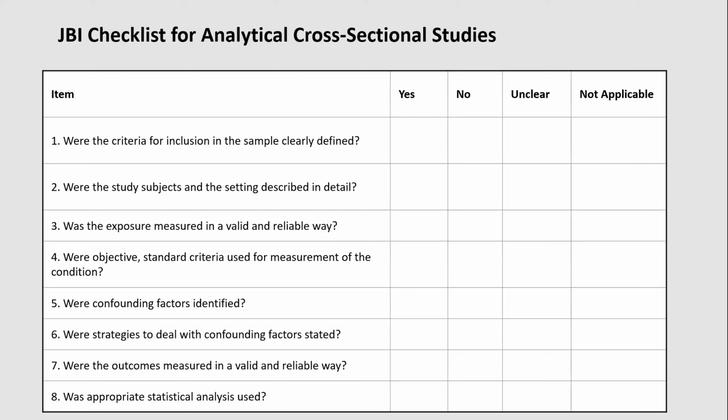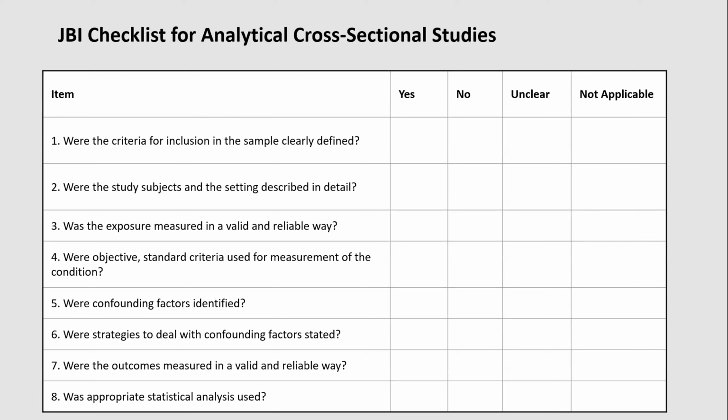Then, were the study subjects and the setting described in detail? Was the exposure measured in a valid and reliable way? Were objective, standard criteria used for measurement of the condition? Were confounding factors identified? If any confounding factors were identified in the study, they have to report it. Then, were strategies to deal with confounding factors stated?